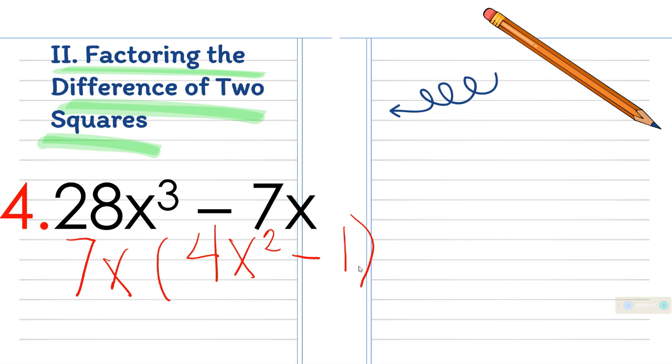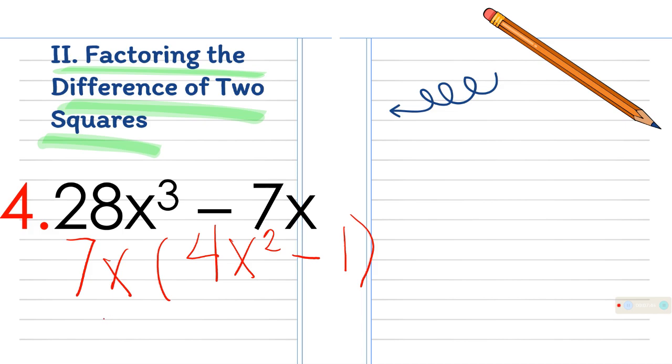Okay. So, as you have noticed, the second factor, or the quotient, is still factorable. And this is under the difference of two squares. You can notice that 4x squared is a perfect square and 1 is also a perfect square. So therefore, you may now apply what we have done on the first three examples. And you will just copy the first factor, the GCMF.